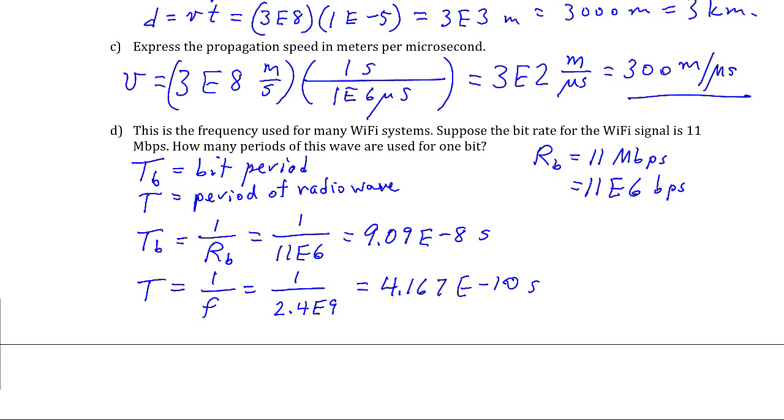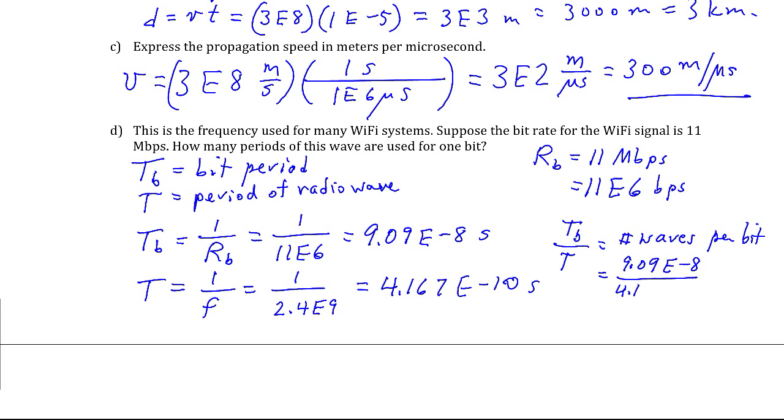And if I take their ratio, the bit period over the period of the wave, that's equal to the number of waves per bit. Okay? And I write 9.09 times 10 to the minus 8 and 4.17, let's call it, times 10 to the minus 10th.